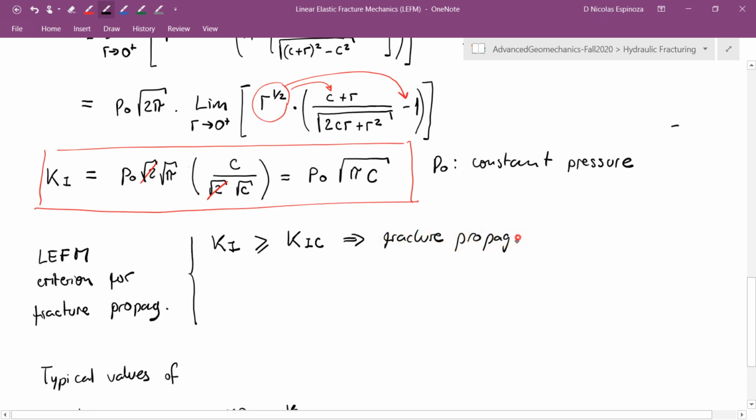These are two finite quantities and I can compare them. When the intensity is less than the fracture toughness, then there is no fracture propagation.